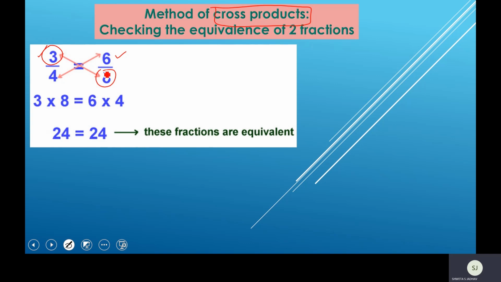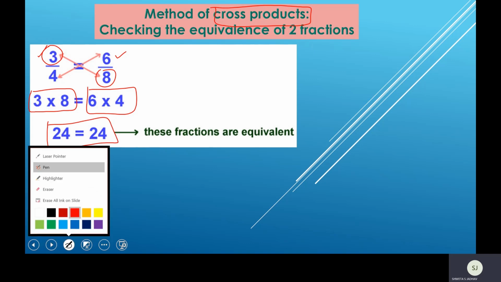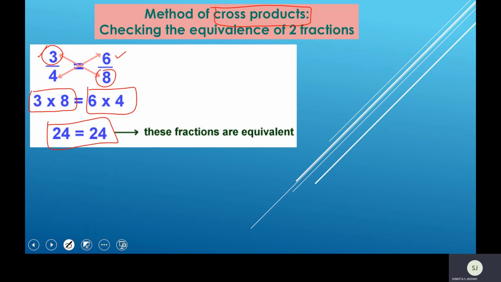Then we have 3 into 8 and 6 into 4. The product of 3 into 8 is 24, and the product of 6 into 4 is 24. So here we got the same number. If we get the same number, we can say that 3 by 4 and 6 by 8 are equivalent fractions.